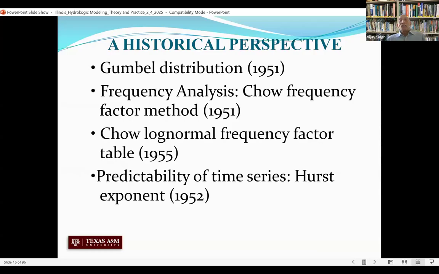And then, of course, in 1951, Chow derived the frequency factor method for doing frequency analysis. Then in 1955, he developed the log-normal frequency factor table. And in 1952, around the same time, Hurst, now it is popularly called the Hurst exponent, which is essentially for the predictability of the time series.